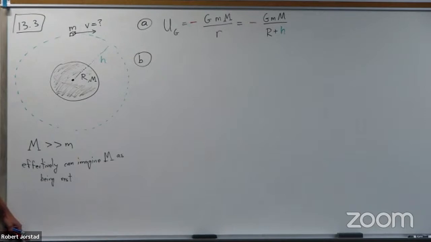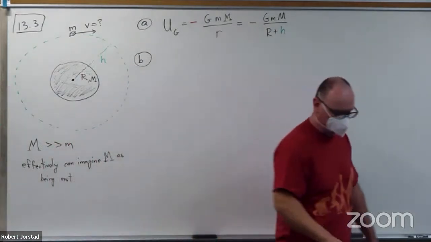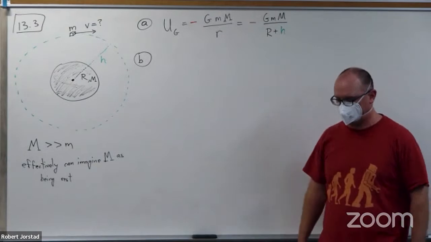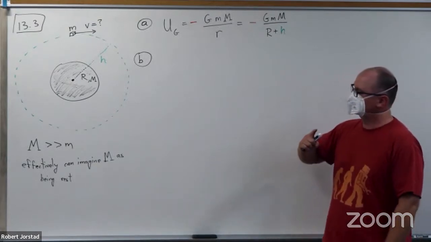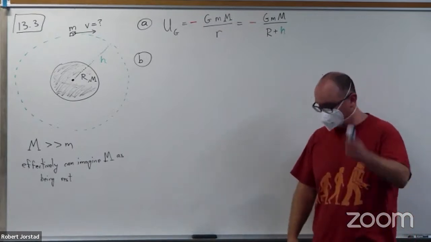Looks like an object going with constant speed in a circle. What's that? Maybe you could, but I wouldn't start there. That's a good guess. What's another tool we use this semester? Circular motion. Angular momentum is a good idea. That's not it either, but that's very related.